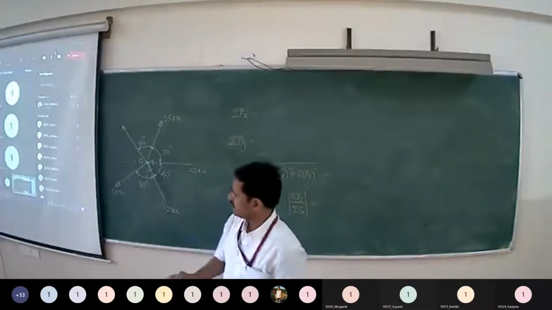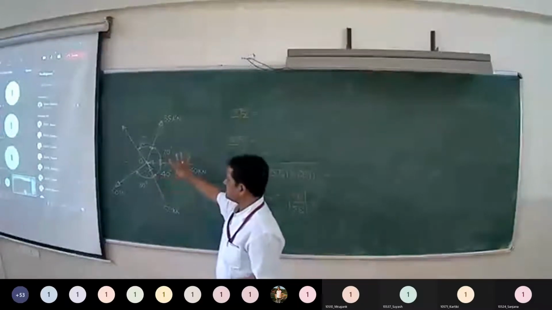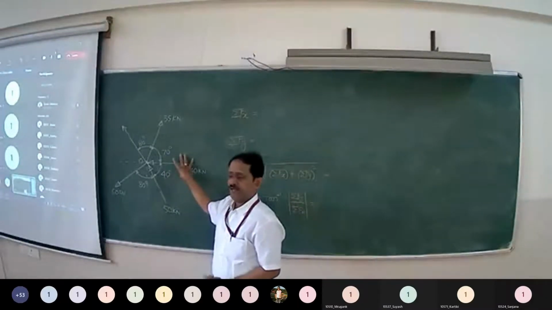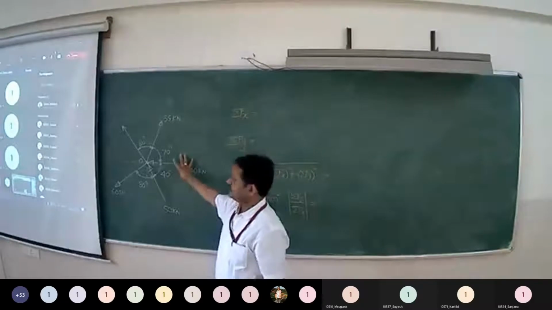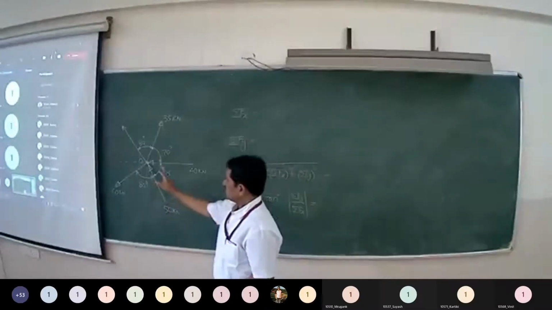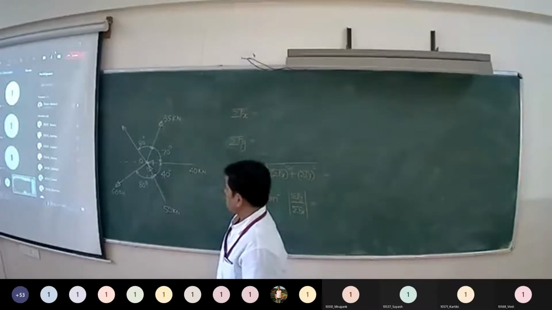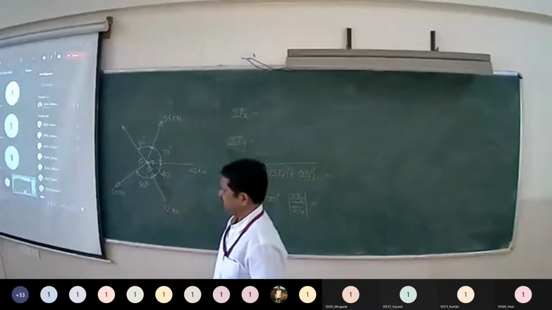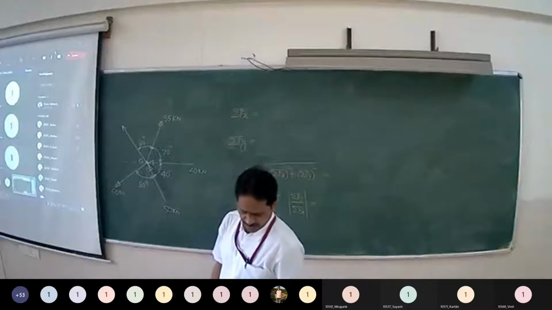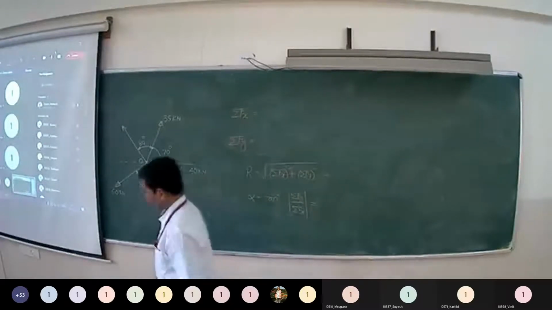So first you have to find the resultant of this system, then automatically we can have the equilibrant. To find the resultant, you have to resolve each force into x and y components.